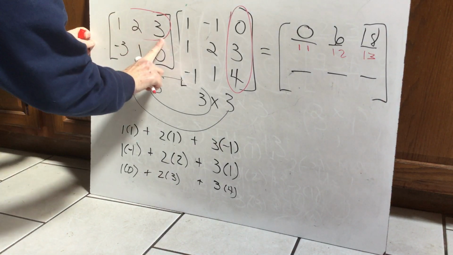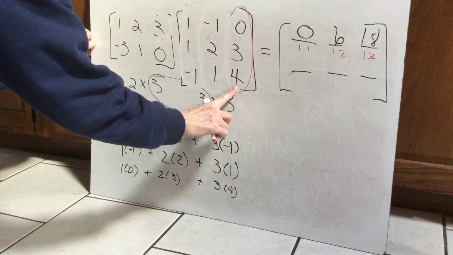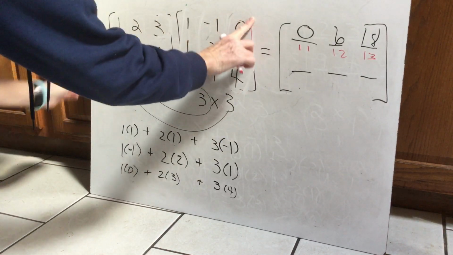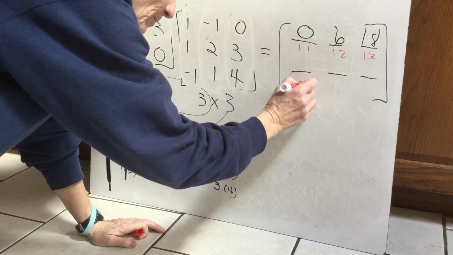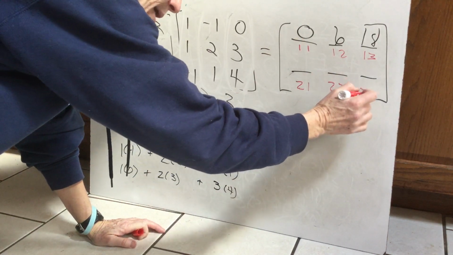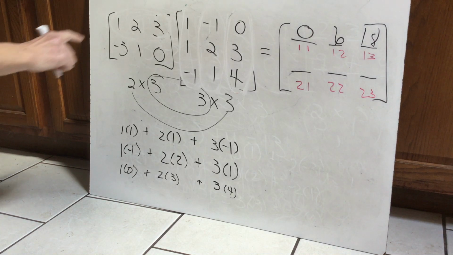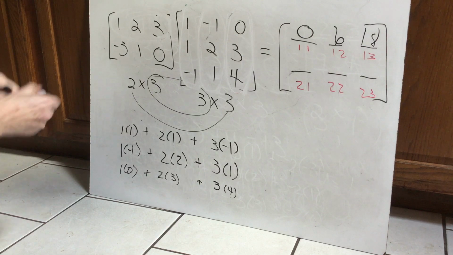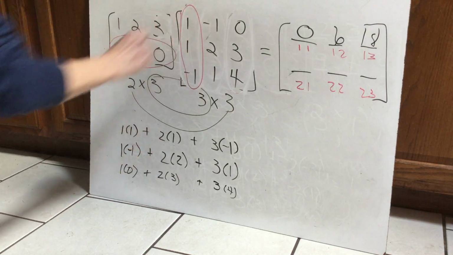Now the bottom row. This is the second row: second row, first column, second row, second column, second row, third column. Now I'm going to have to use that second row to do my multiplication. So here's the second row, and I'm starting with the first column.